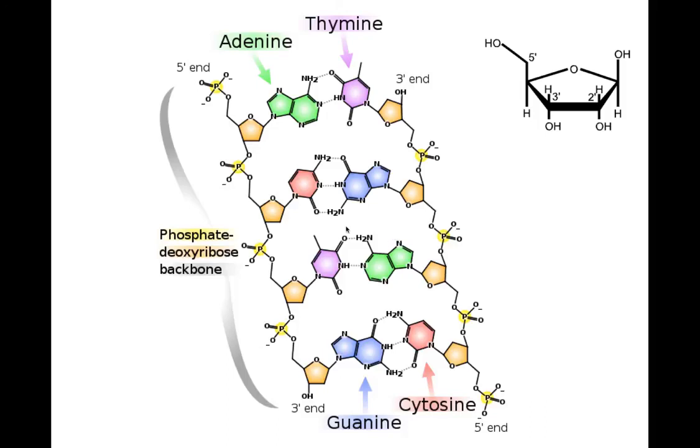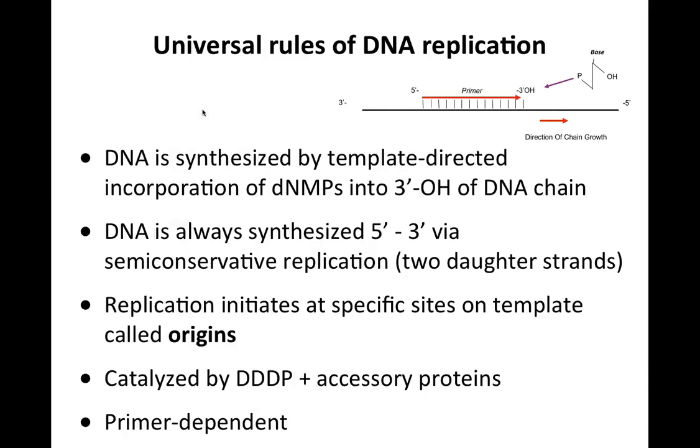The 3' end is the end of DNA which has this hydroxyl, and that is the end to which new bases would be added in DNA synthesis. The 5' end is the end with the phosphate by convention. So synthesis is always in a 5' to 3' direction, which makes sense because we're adding new bases to the 3' end of the growing chain.